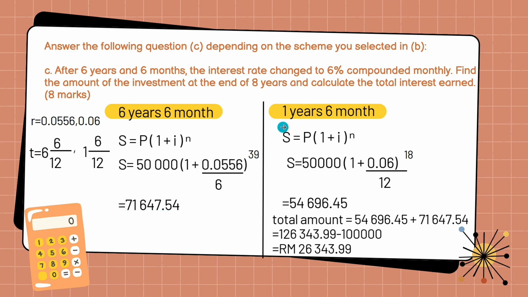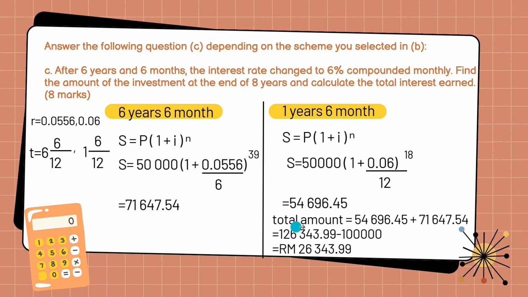For the 1 year 6 months, we have to use the same formula, which is S equal to 50,000 times (1 plus 0.06 over 12) power of 18 and you will get 54,696 ringgit and 45 cents.